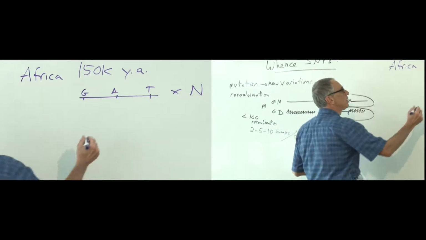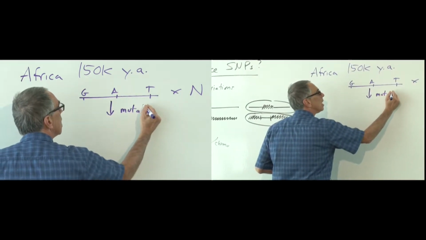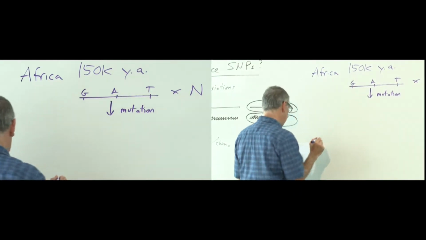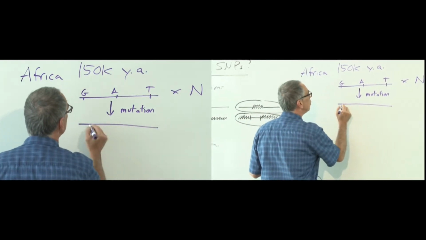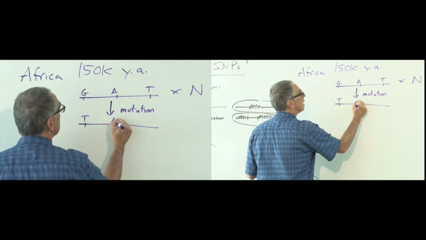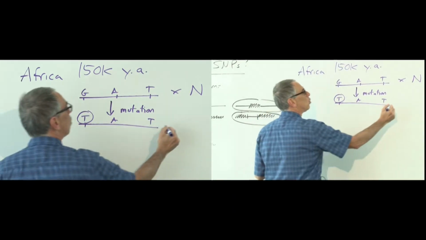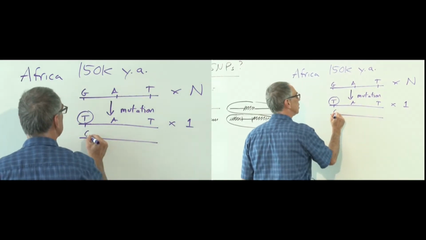Then a mutation happens. So somebody is having a baby, and that baby, through whatever reasoning, gets a mutation of this G to a T. So the new human has a T, A, T. This is new. So there's one of those, one little baby, plus the rest of the population still has GAT.